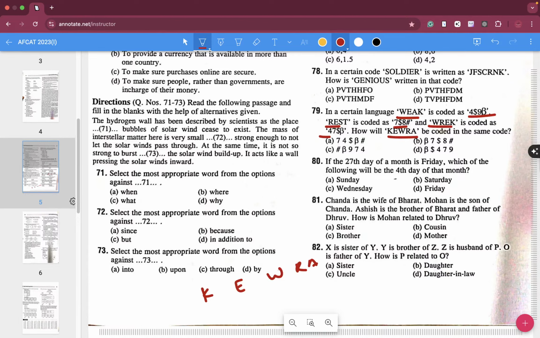K over here is K, over here is also K. So one thing is certain over here. Over here also $47B. So KEWRA, let's write it down.